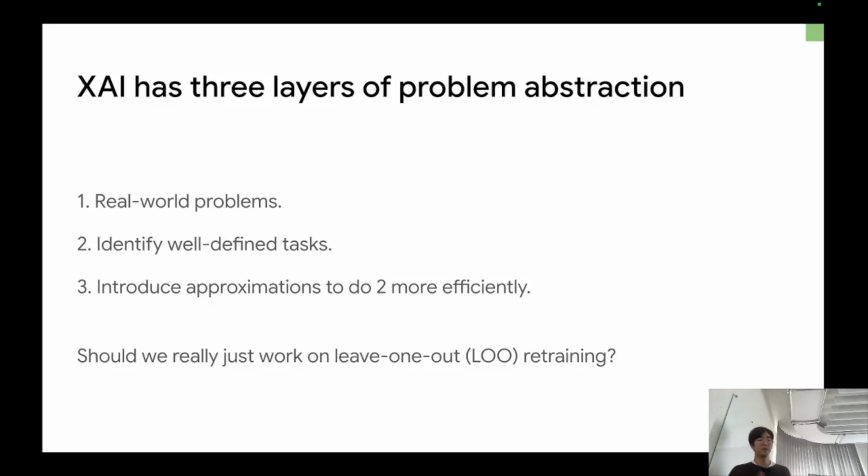In our case, we always revolved around the leave-one-out retraining task, right? What happens if you leave this training data out of the training set? To me, that's quite well defined, but not so useful. So the motivation from 1 to 2 in that case is not very well established.